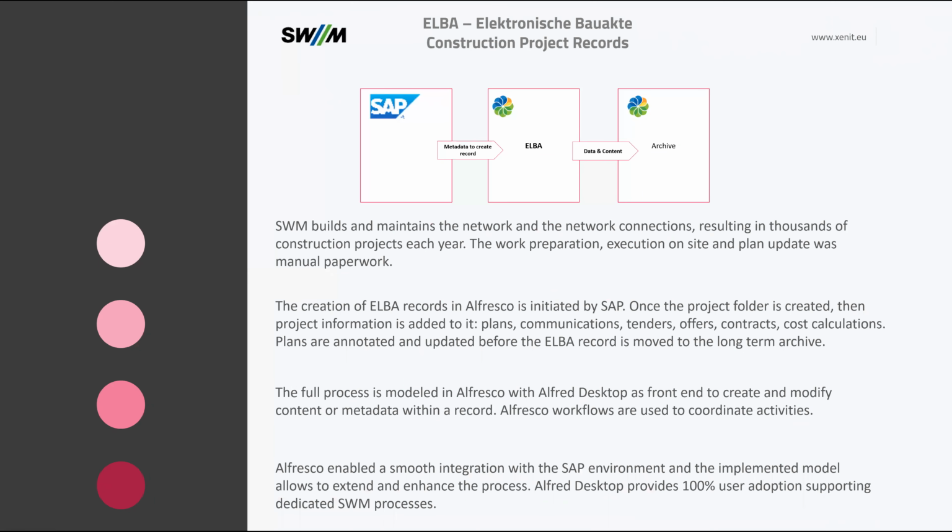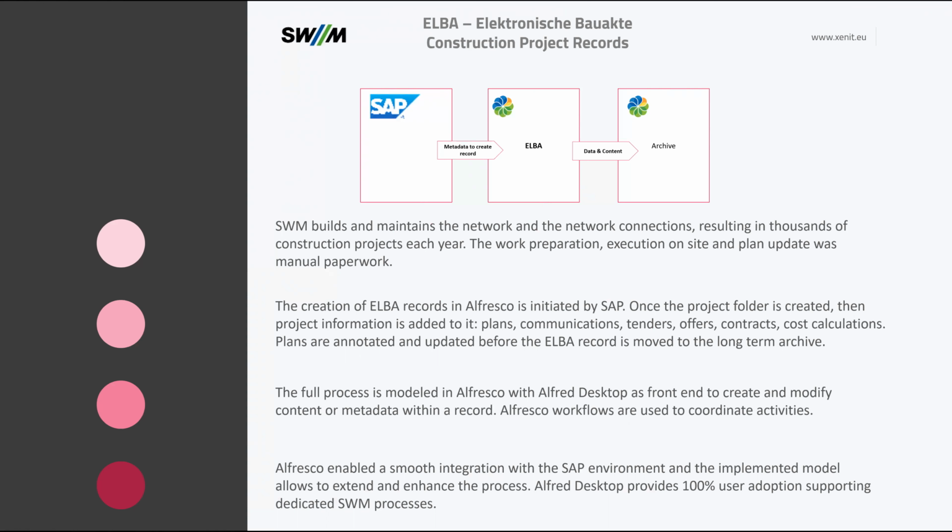It's about 10,000 connections a year that they need to implement. Each project, whether it is an extension of the network or an update or a connection which is requested, is initiated in the SAP environment.